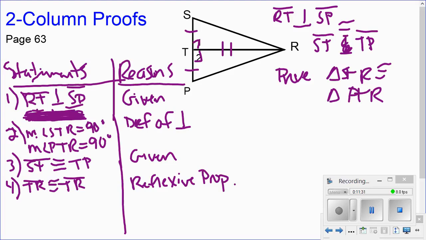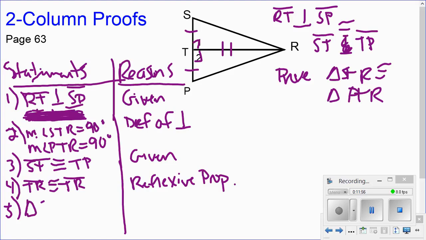Okay, so now if I'm looking at the top triangle, I see side, angle, side. And the bottom triangle, side, angle, side. Or these are two legs in a right triangle, two legs in a right triangle, so that's leg, leg. So I'm going to say that, and we can look at the statement they give us what we're supposed to prove.